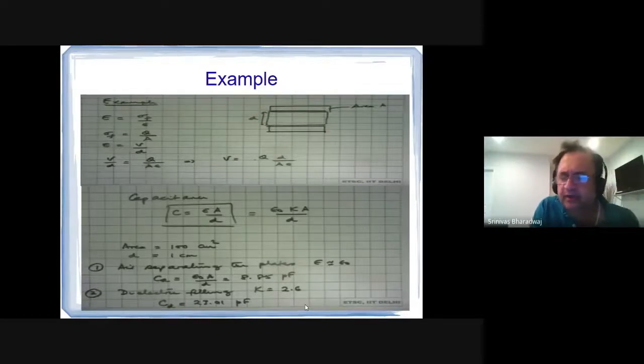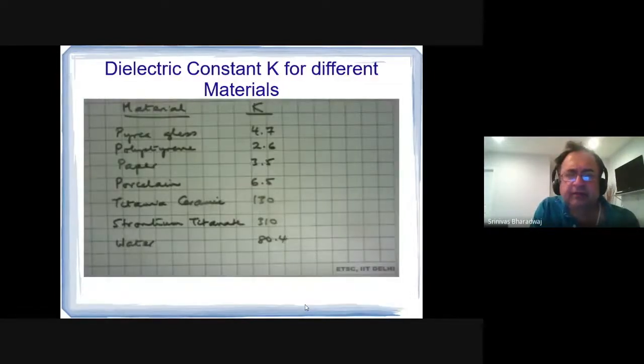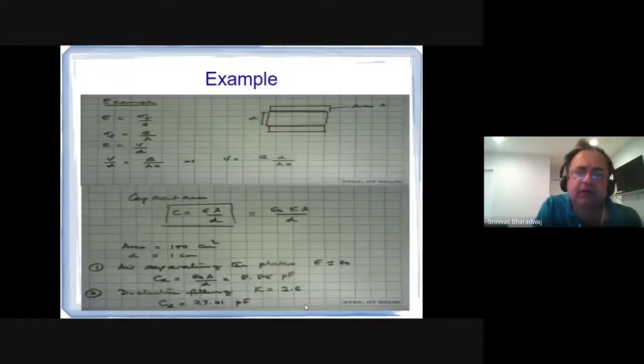Over time, I think copper solutions or other solutions were used, but more and more people have gone away from using fluids in capacitors, because fluids can evaporate, and replaced them with solids. Here's another example that they've looked at. They give you the area and the distance, and from that they calculate the corresponding K.